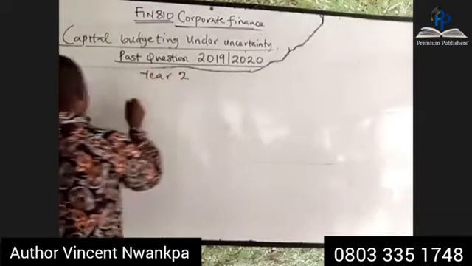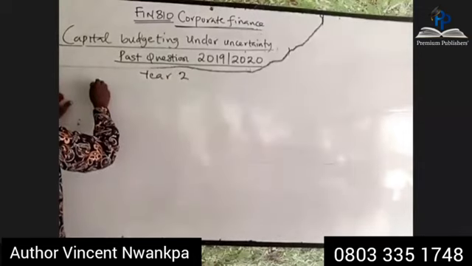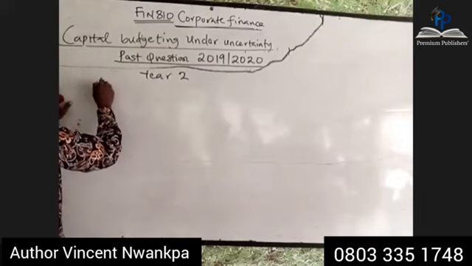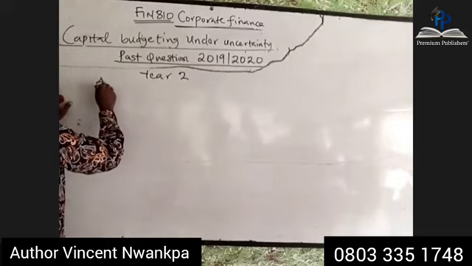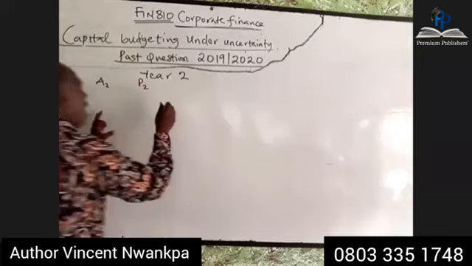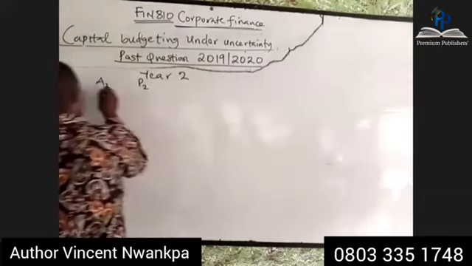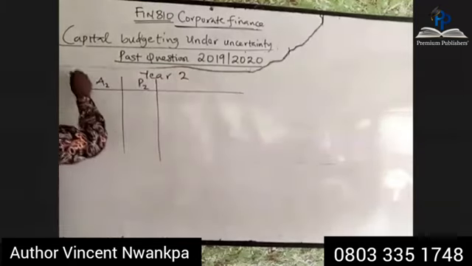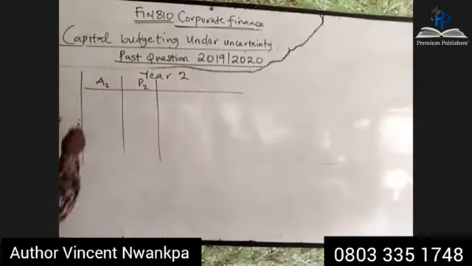Year 2, our cash flow, let's believe our cash flow is A2. Our probability, second one, we are having this one. So somebody help us. Year 2.